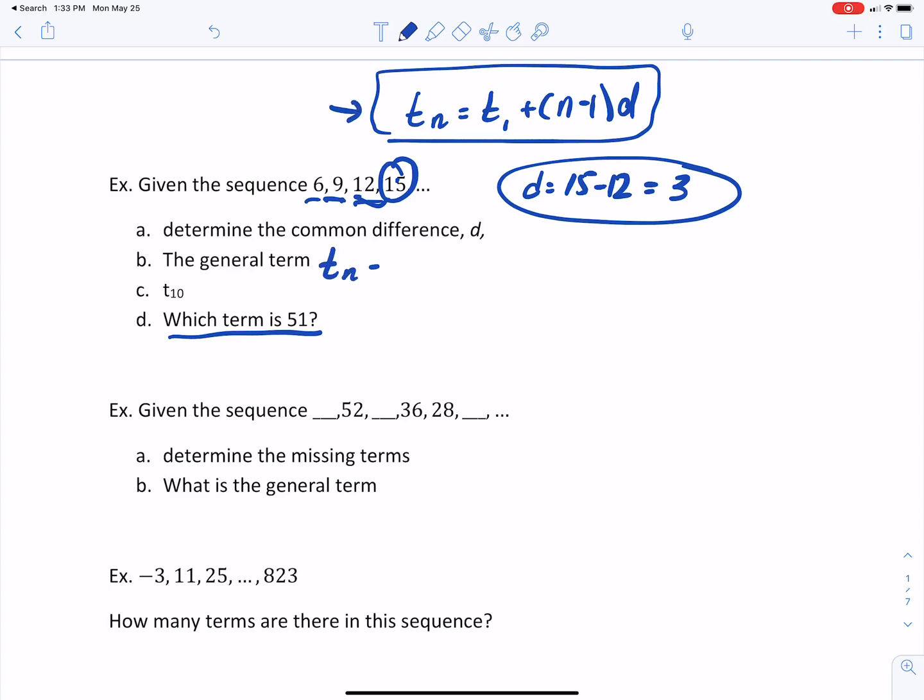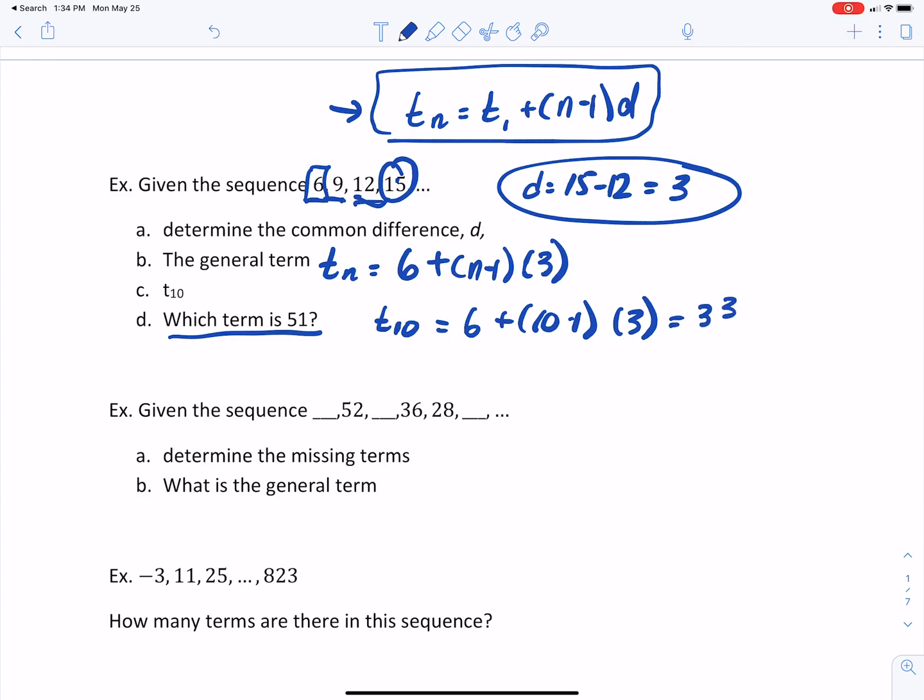So the general term of this sequence is term 1, which is 6, that's right here. Term 1 means the first one, plus n minus 1 times d. And there it is. And now the 10th term would be 6 plus 10 minus 1, which is 9, times 3 would be 27 plus 6 is 33.